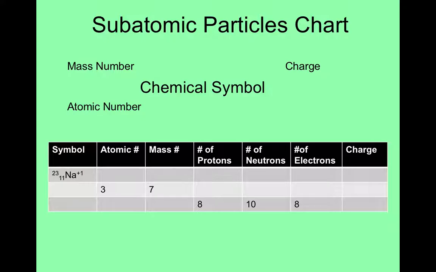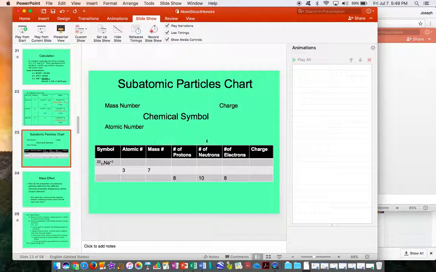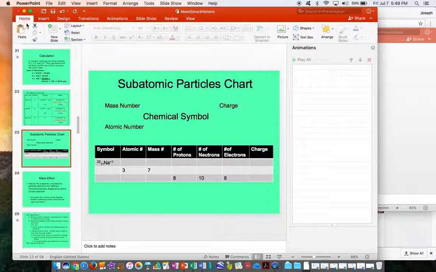You can see in the first example, Na is sodium, that's the symbol. What do the numbers around it mean? The atomic number is in the bottom left, the mass number in the top left, and the charge in the top right. Now, I'm actually going to exit out of this for a second, so that we can see how I would fill one of these charts out.